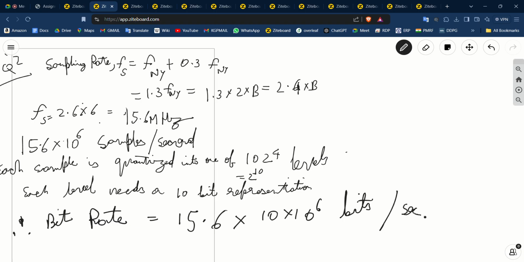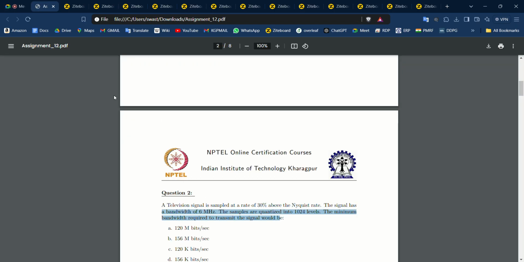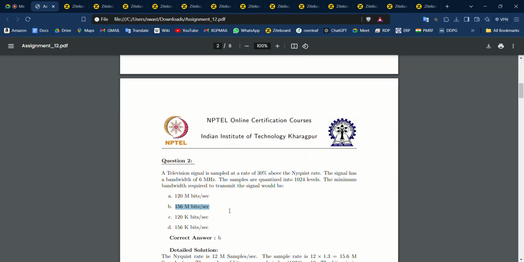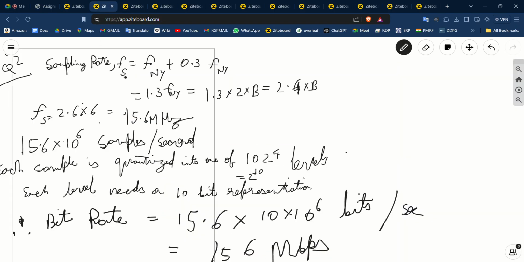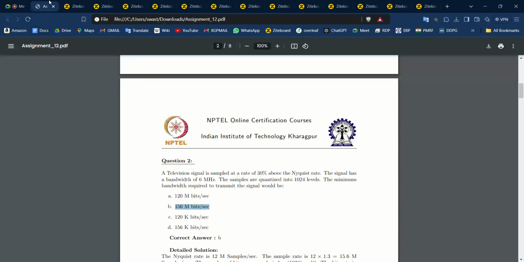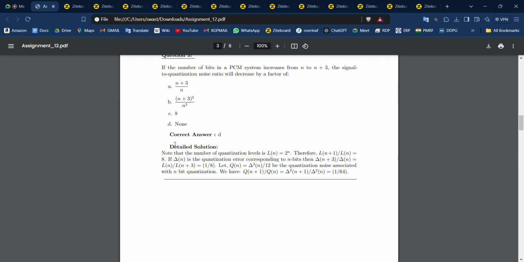So 156 megabits per second, or 156 Mbps. This is the minimum link speed you need. So the correct option is B.